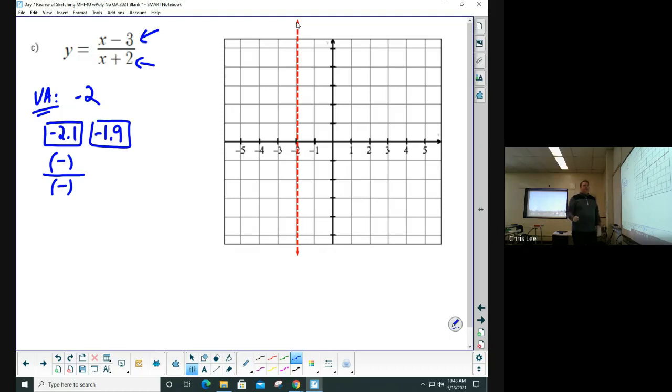And so my answer is going to be a negative number divided by a negative number, which ultimately is going to get me a positive infinity. As I get numbers closer and closer to this, the number is going to get bigger and bigger and bigger, which means I know my graph is going to go down on the left-hand side, because -2.1 is just to the left of the asymptote.